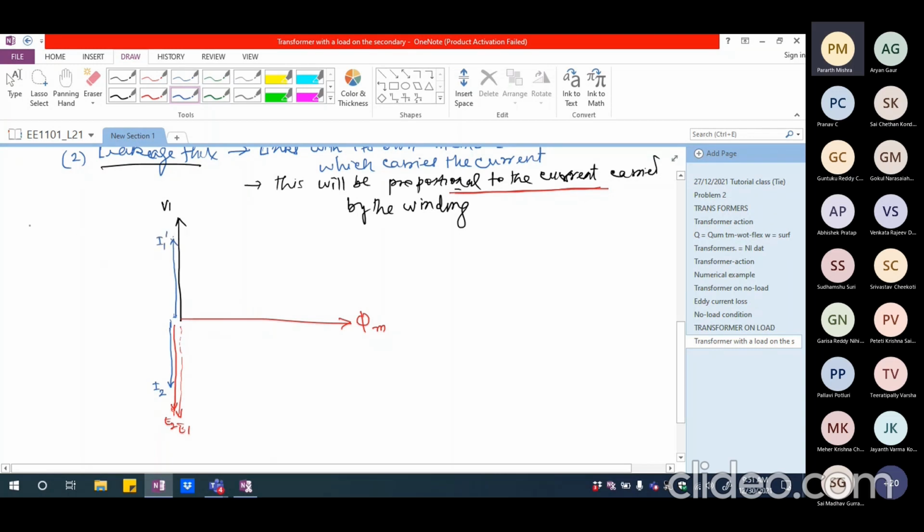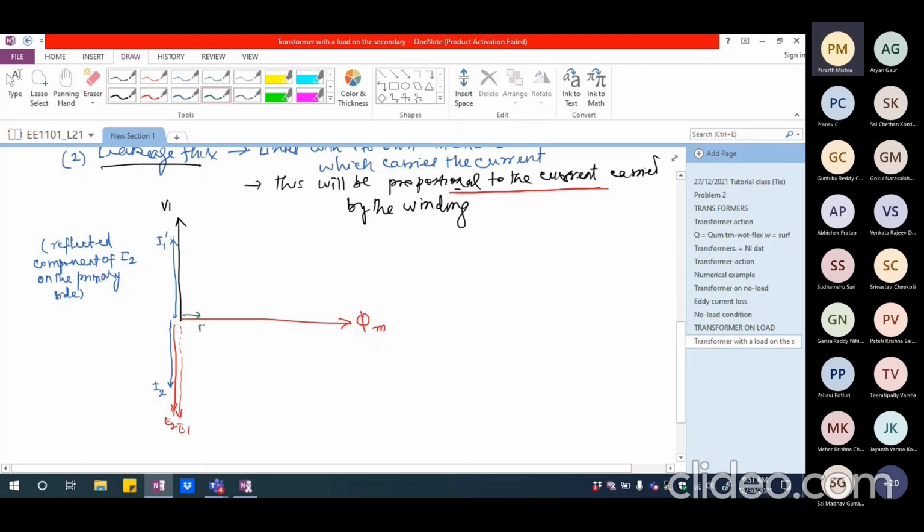This is the reflected component of I2 on the primary side. So this is the reflected component of current which is increasing because this I2 is trying to kill the original flux. On the other hand, if I show the magnetizing current, I should show the magnetizing current somewhat like this.